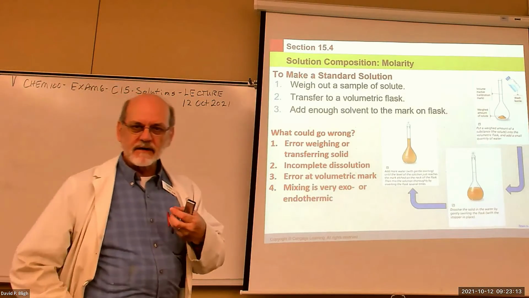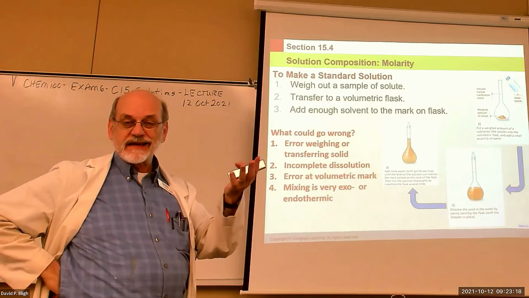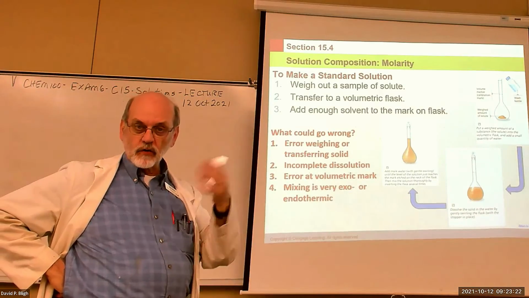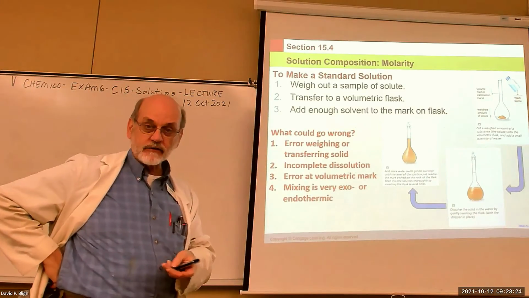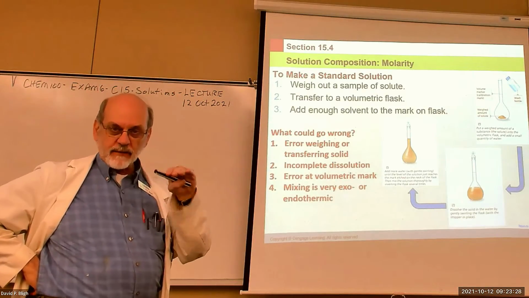What if the mixing process, like we mentioned earlier, generates a lot of heat, or absorbs heat? It gets cold versus hot. That could introduce an error if you don't do the dilution at room temperature.